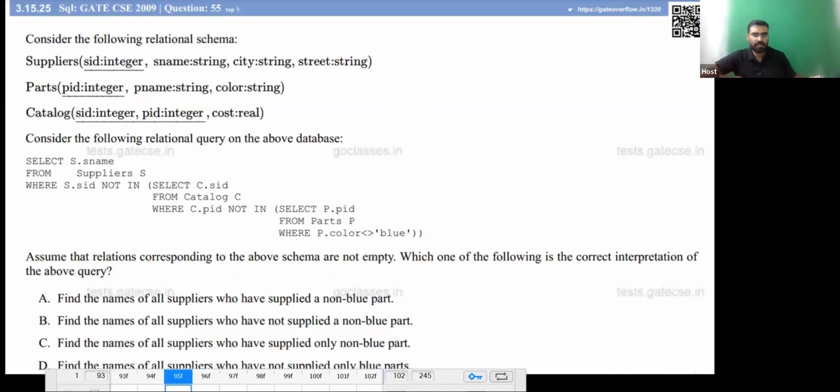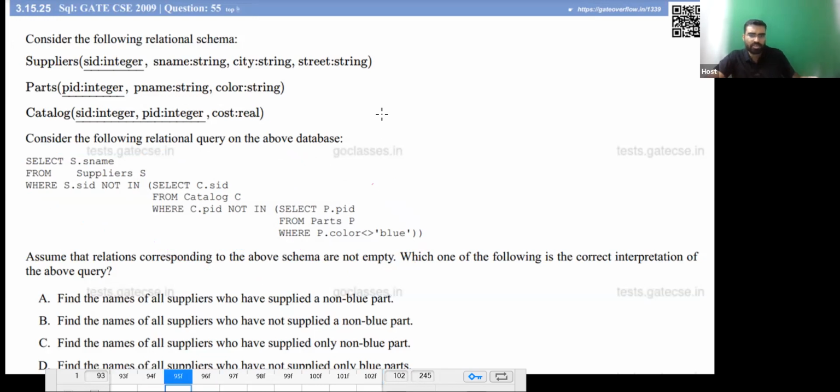Let's see this question. This is a GATE 2009 question, a very simple question. Now this query is given to you. First of all, you tell me, is this a nested query? Clearly this is a nested query. Now check, is this correlated or simple?